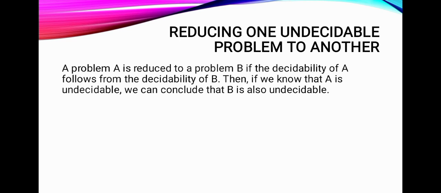A theorem for that is: a problem A is reduced to a problem B if the decidability of A follows from the decidability of B. Then, if we know that A is undecidable, we can conclude that B is also undecidable. We can say that the first problem reduces to the second problem. So, if the first problem is undecidable, the second problem is also undecidable.